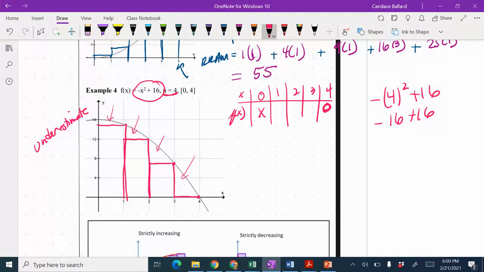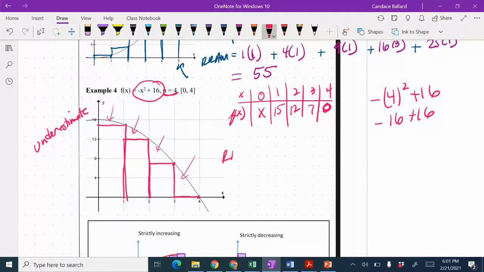Then it would be 3 squared is 9, so negative 9 plus 16 would be 12. And then that doesn't seem right, does it? Negative 9 plus 16 would be 7, not 12. I read my numbers wrong. All right, I'm going to put in the 2. So negative 4 plus 16, there's our 12. Put in the 1. 1 squared is 1, and negative 1 plus 16 would be 15.